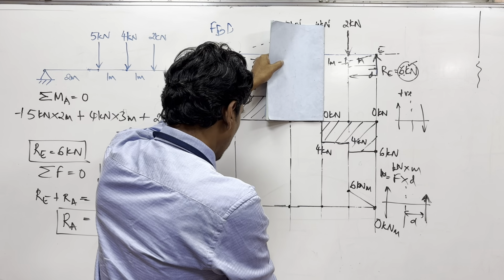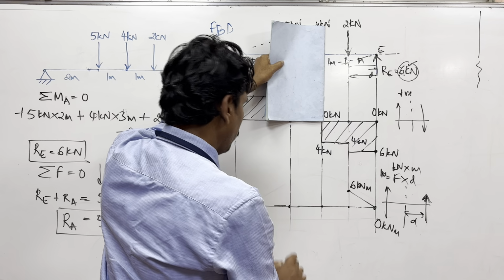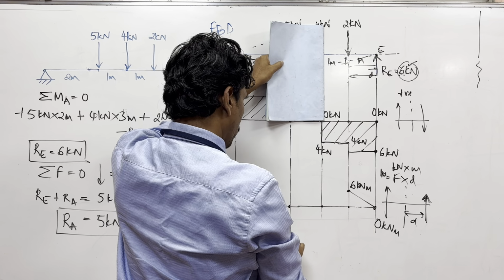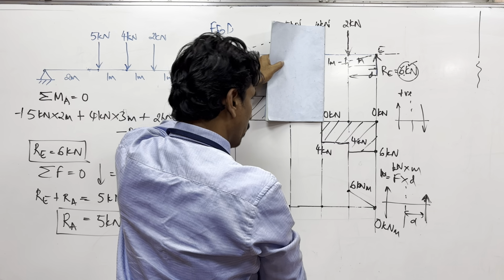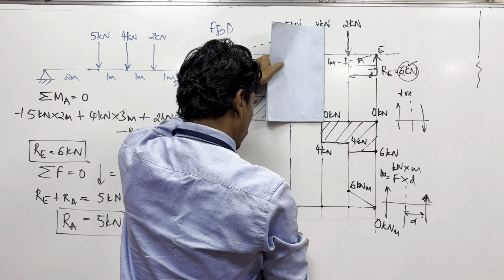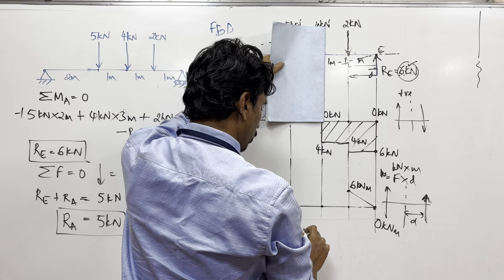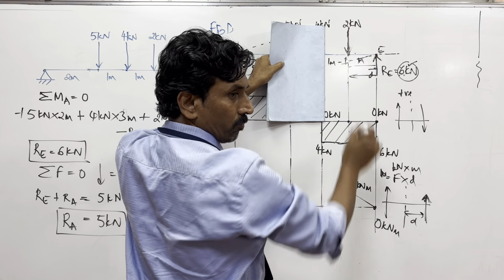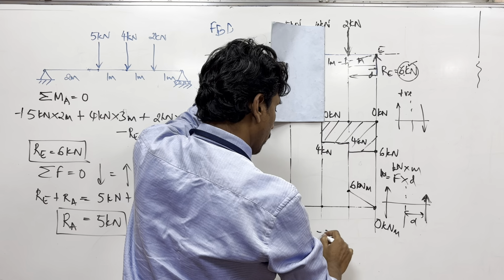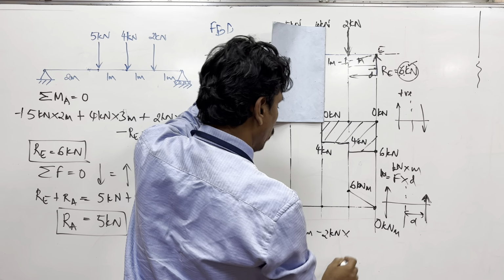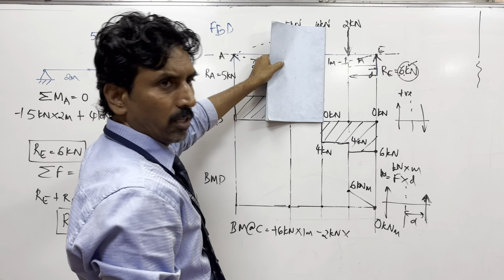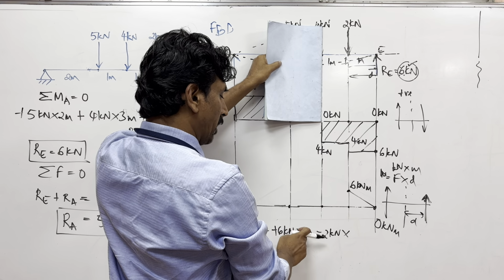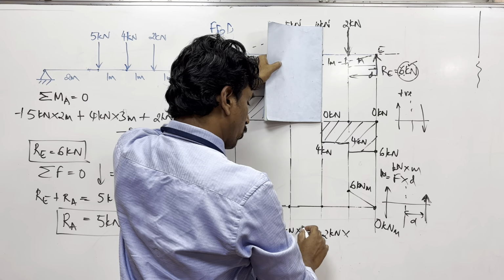Bending moment at C is the value of this 6 kilonewton into 1 meter, that was positive, but this is going downwards now. So it has to be taken as minus 2 kilonewton meter into what is the distance? I am taking the moment at this point. Is it right? I should write it as 2 meters.